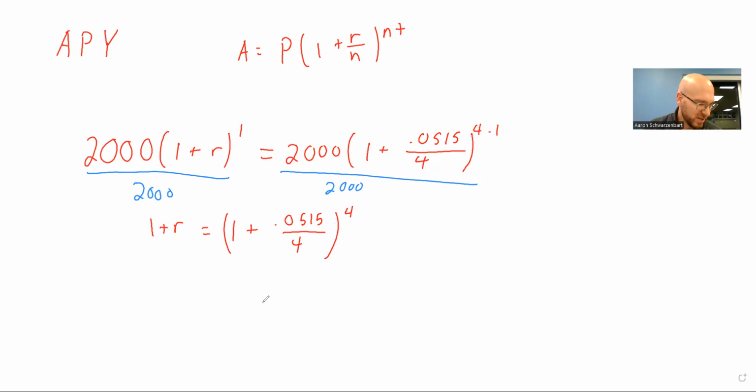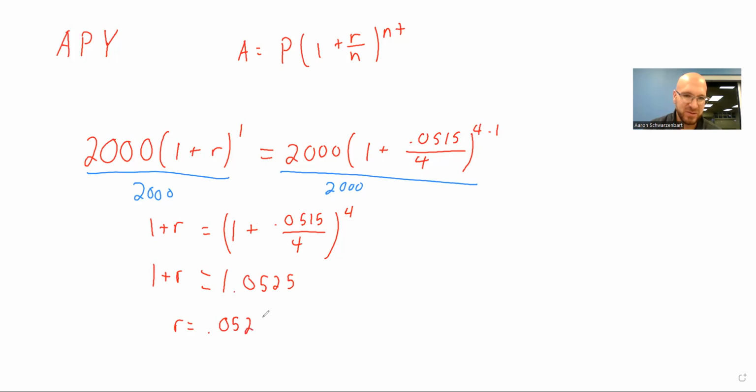So now I just go to my calculator and I stick in this value on the right. I get 1.0525 equals 1 plus R. My rate is 0.0525.